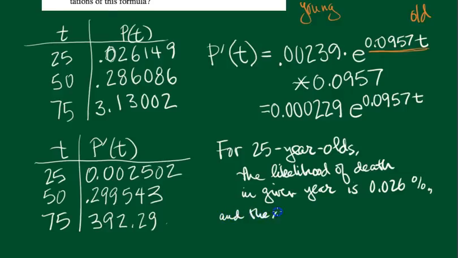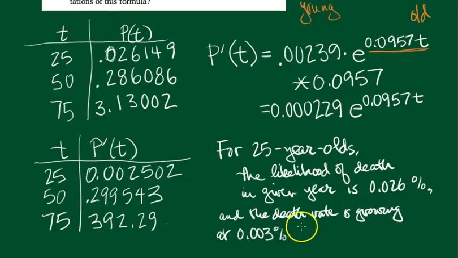And the death rate is growing at 2 or 3 thousandths of 1% per year. Okay. And then likewise for all of the others.